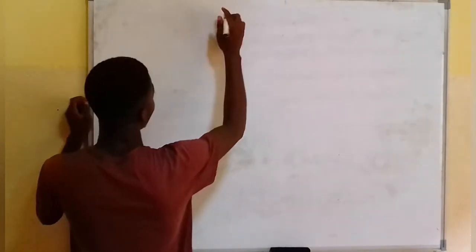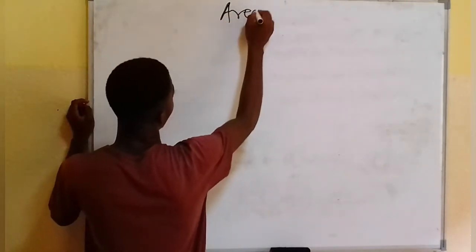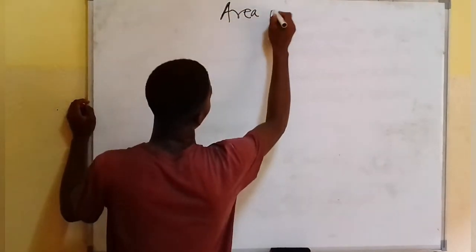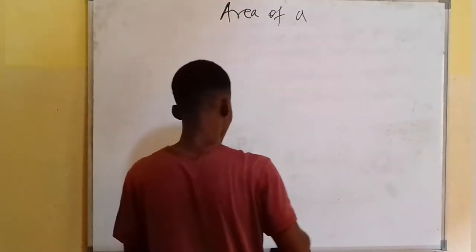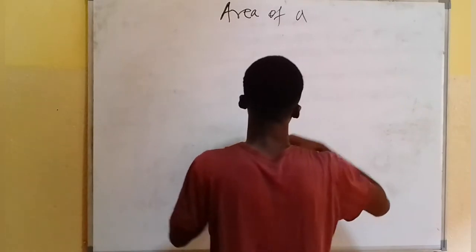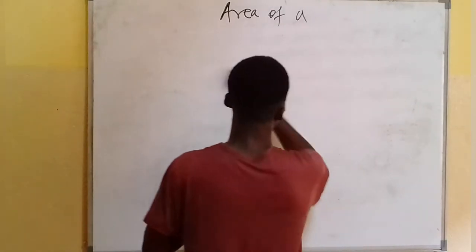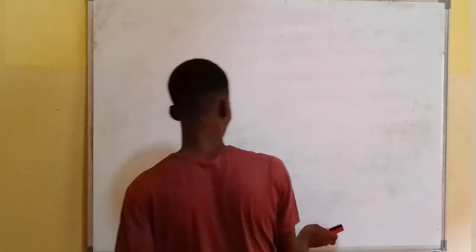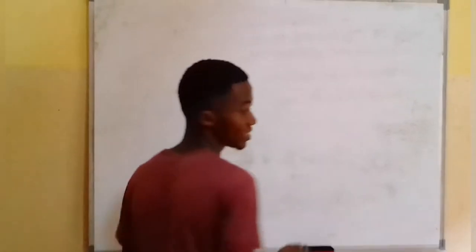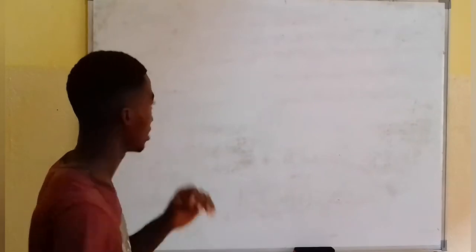Okay? Now, we are going to see how to calculate an area of, let's say, a circle or whatever. Let's say you want to calculate the length and the breadth of a square.